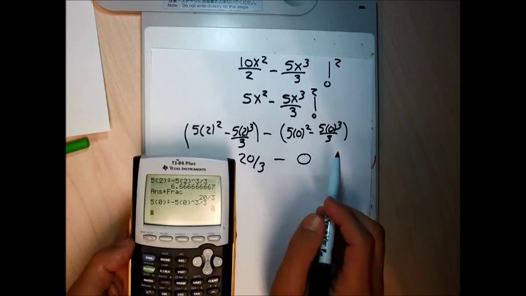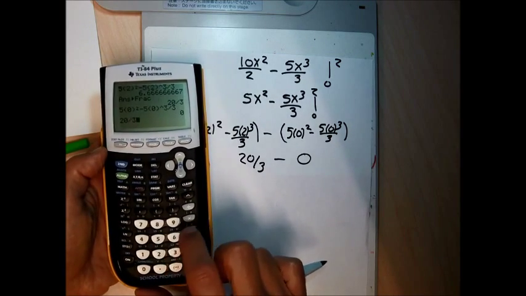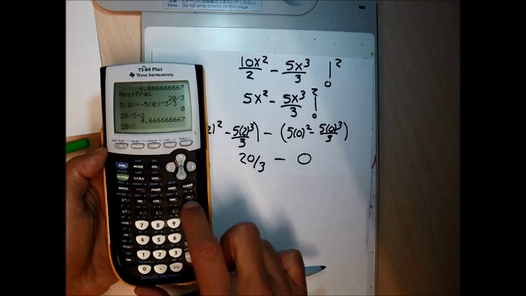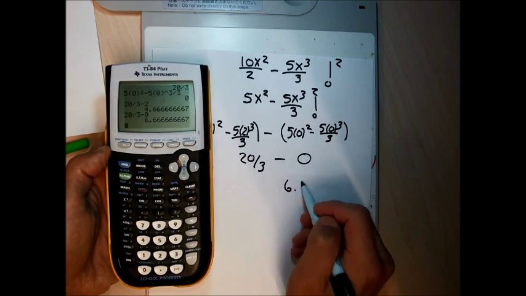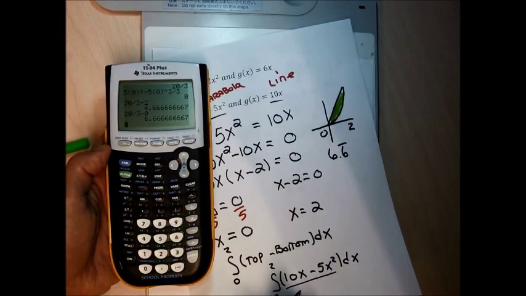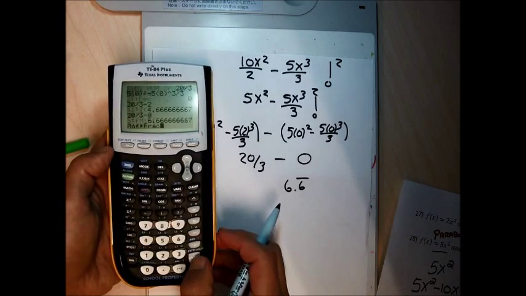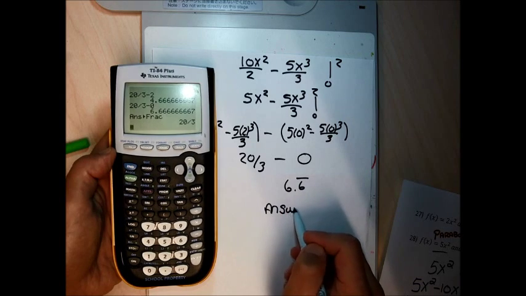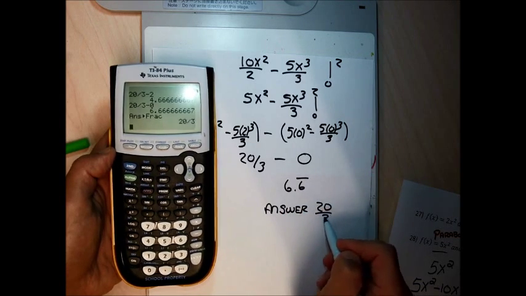So now I'm going to subtract these. I'm going to go 20 over 3 minus 0, and I get exactly that 6.6 repeating number, which was my goal to match up to that decimal. My answer is going to be the fraction version of this, which is 20 over 3. So my answer to problem 28, the area I'm worried about here, is 20 over 3 square units.